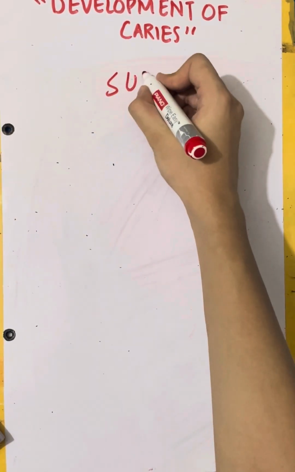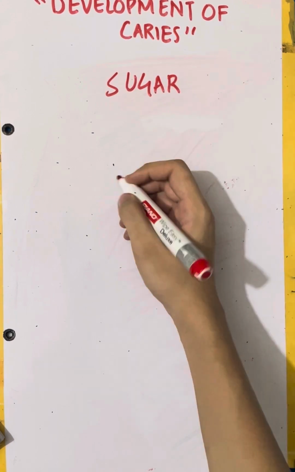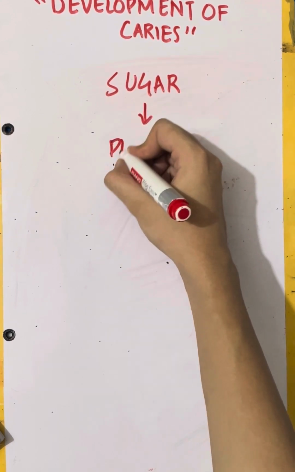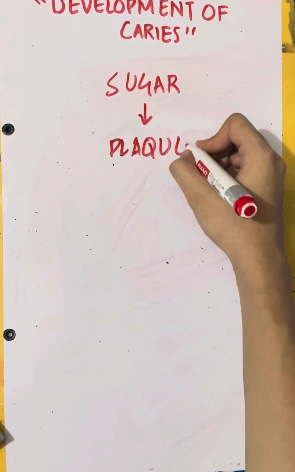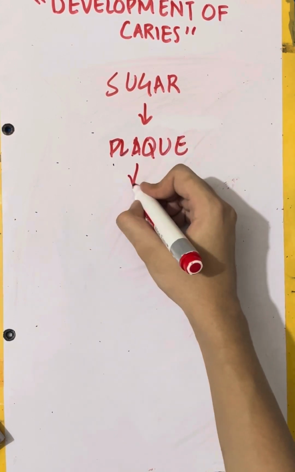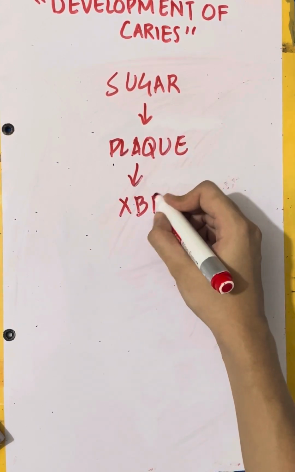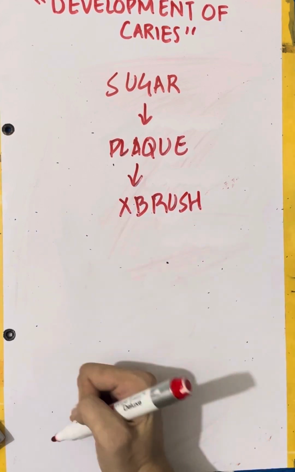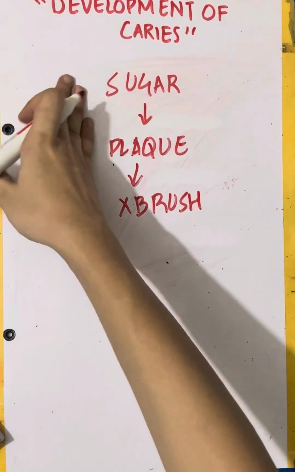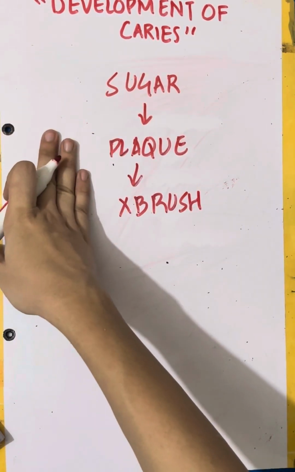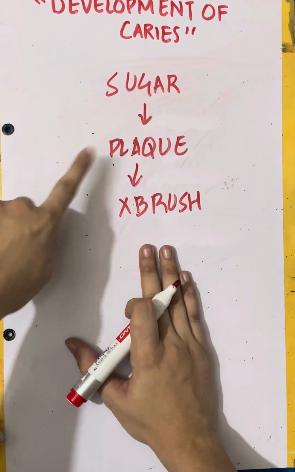When we eat sugar, plaque occurs. And when does plaque occur? If we do not brush. When we eat sugar and we do not maintain our oral hygiene, plaque occurs.